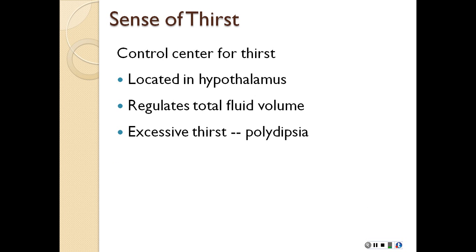You all remember seeing that? So keep in mind hypothalamus and thirst. But polydipsia is excessive thirst, and polyphagia, remember that one? What is that? Excessive hunger. Okay, so people who are diabetic suffer from both of those, polydipsia and polyphagia.